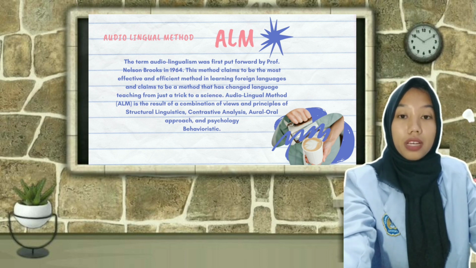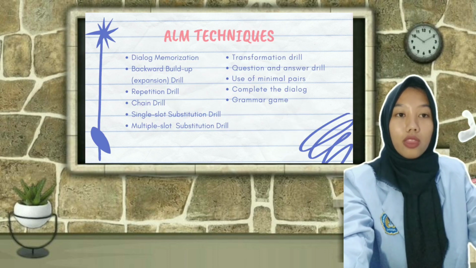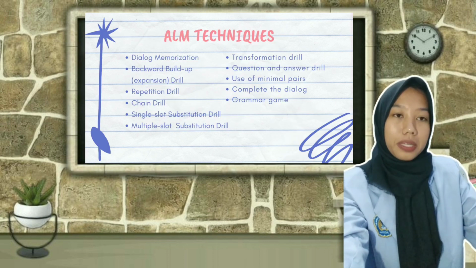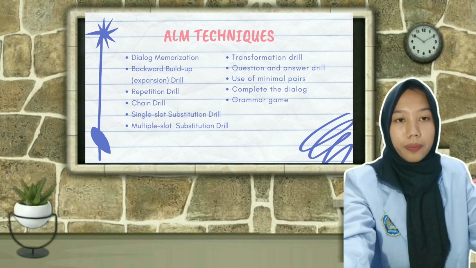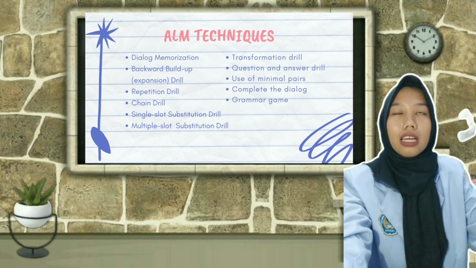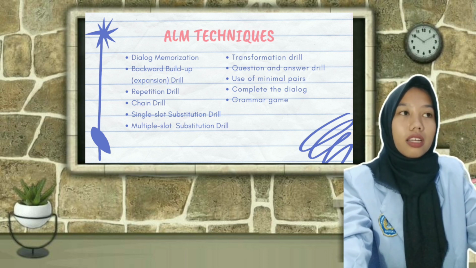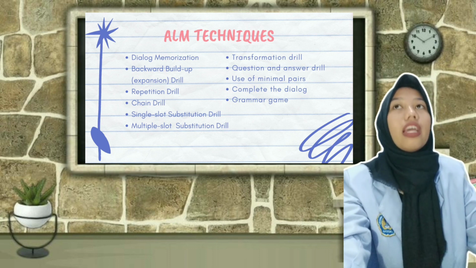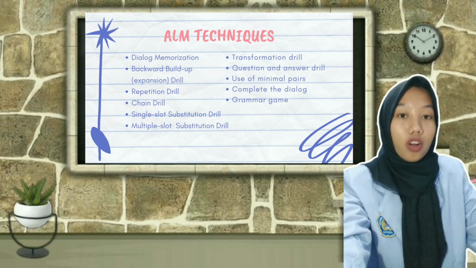So next, we're having the audiolingualism method techniques. So here are the techniques if you want to apply this ALM method in the class. The first one is dialogue memorization. You can give your students some dialogues so they have to memorize them and perform them in front of the class.